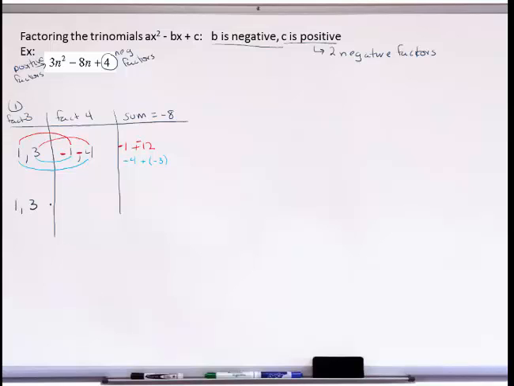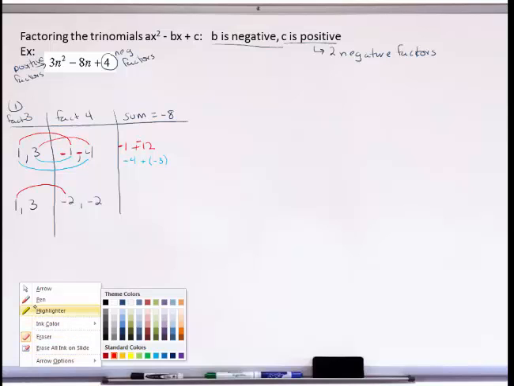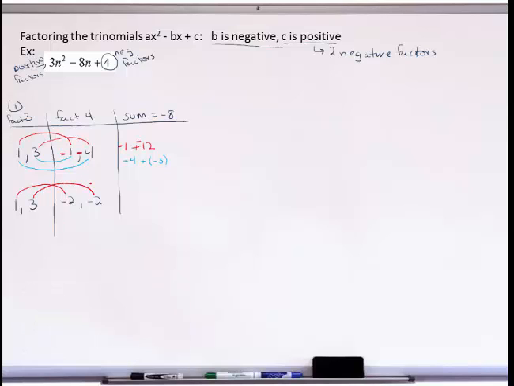Again, 1 and 3 will only factor as a 1 and 3, but 4 will factor as a negative 2 and a negative 2. So I have 1 times negative 2 and 3 times negative 2. So I have negative 2 and negative 6. This does add up to negative 8.